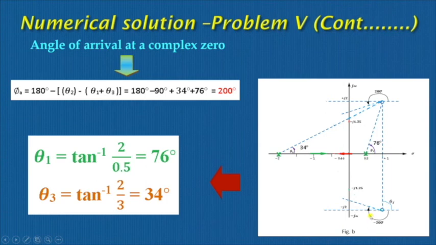If we consider the other complex zero, then we get the same value but opposite in sign to this complex zero. Then phi A equal to 200 degrees for that zero. Then the angle of arrival for this complex zero is equal to minus 200. Then draw plus 200 degrees as the angle, and this is the minus 200 degrees angle.